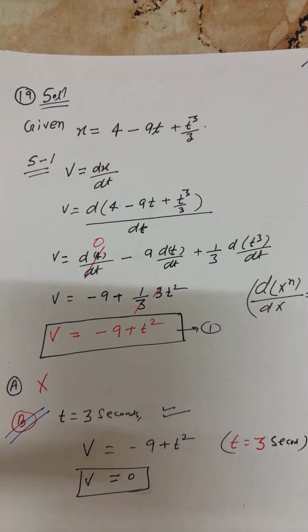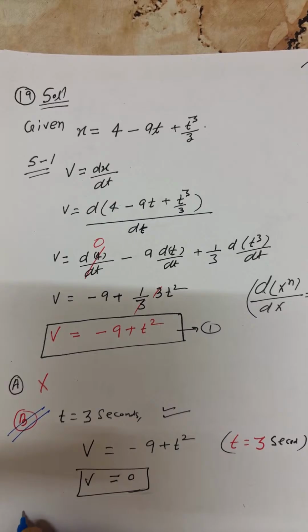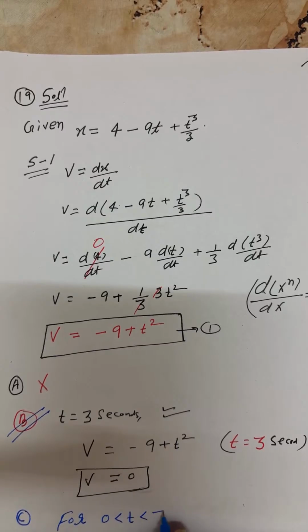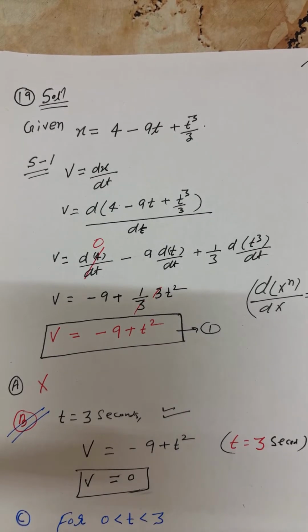Okay, now beta, what does option C say? Listen carefully. For t greater than 0 and less than 3, the particle is slowing down.